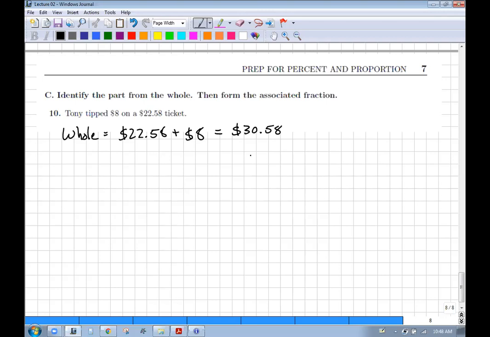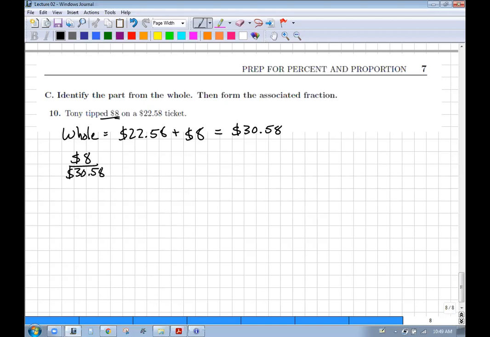That would be the whole. And the part, I guess, is the tip. So $8 out of 30.58, right? So we're looking at the percentage of the whole bill that was the tip, something like that. I'm just guessing at what they mean by the whole.